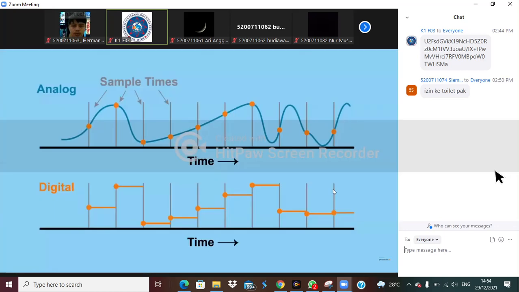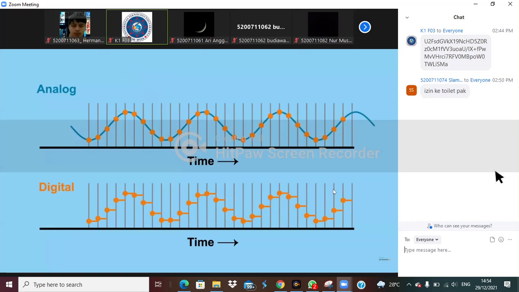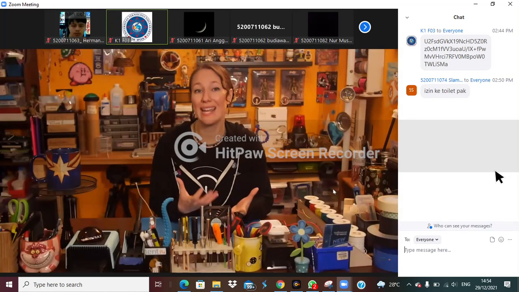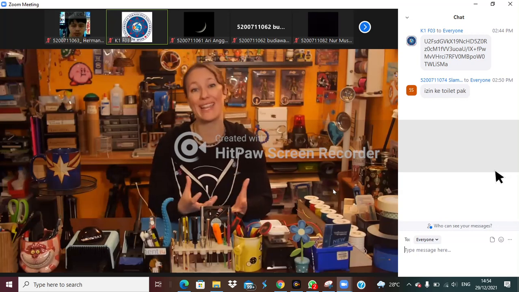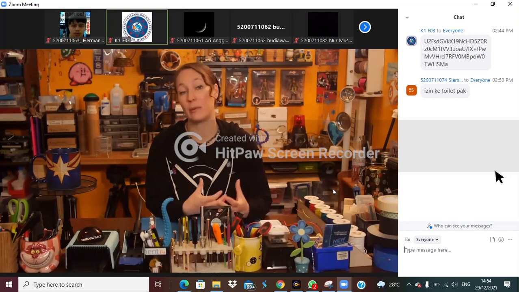As we saw with ADCs, lower bit resolution DACs may not keep up with rapid frequency changes, while higher bit resolution DACs can produce a more accurate conversion of the binary digital signal to an analog wave. Something to keep in mind is that once an analog signal is converted to digital, it can never truly be as purely analog as it was, even if converted back.